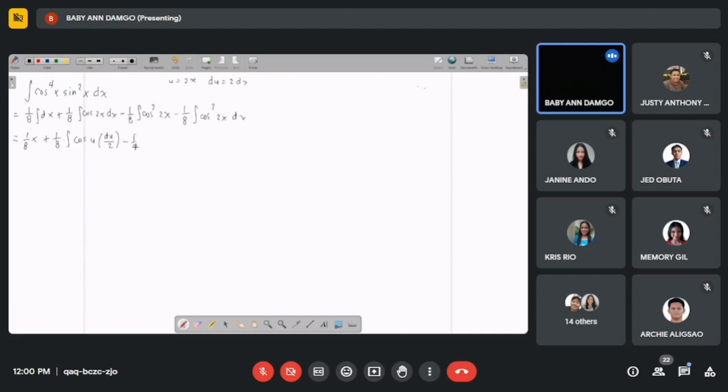Okay, here minus 1 over 8. So we apply the cosine squared identity, which is integration of 1 plus cosine 4x over 2 dx, minus 1 over 8 integration. Here, we apply the first rule, separating the cosine cube: cosine squared 2x times cosine 2x dx.